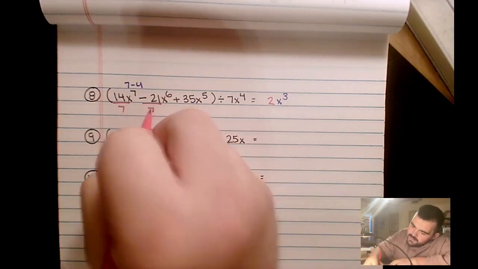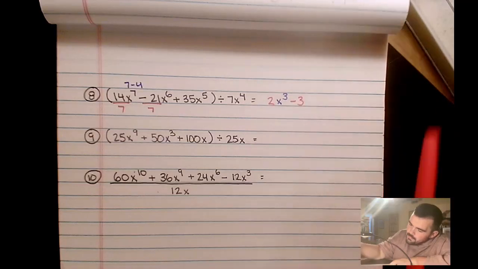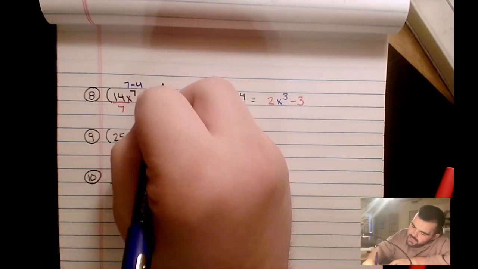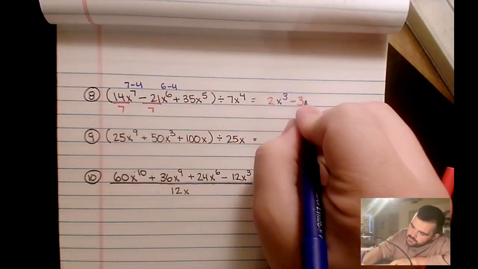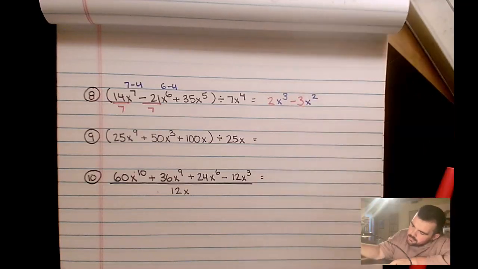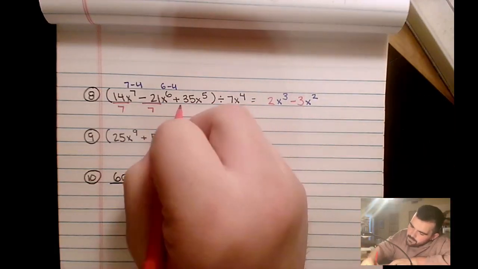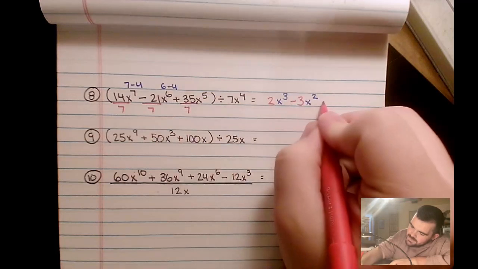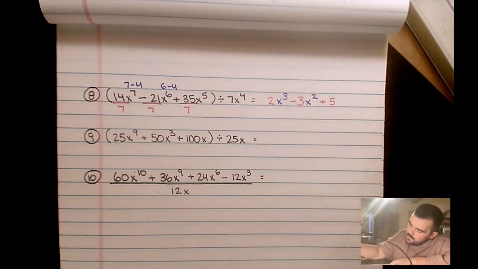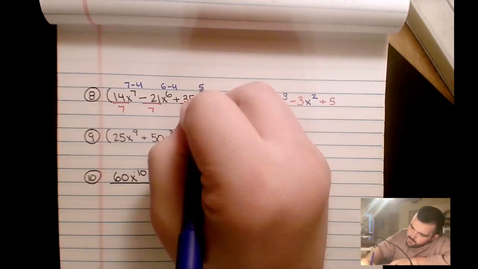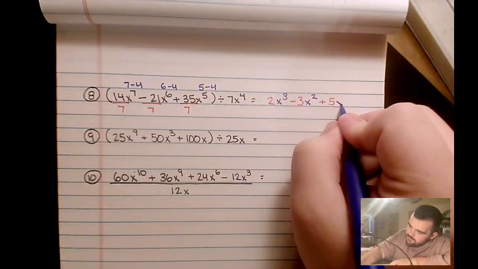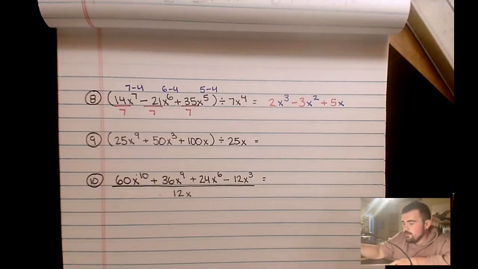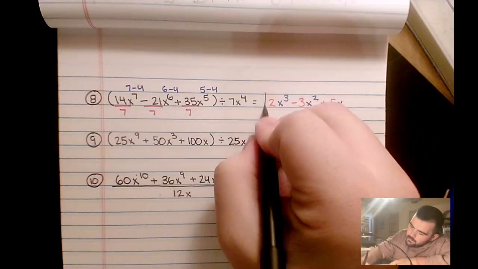Negative 21 divided by 7 is negative 3. Subtract 6 minus 4 to get 2. Start over. 35 divided by 7 is 5. Subtract 5 minus 4 to get 1. You could call that 5x or 5x to the first power. Either way is correct.